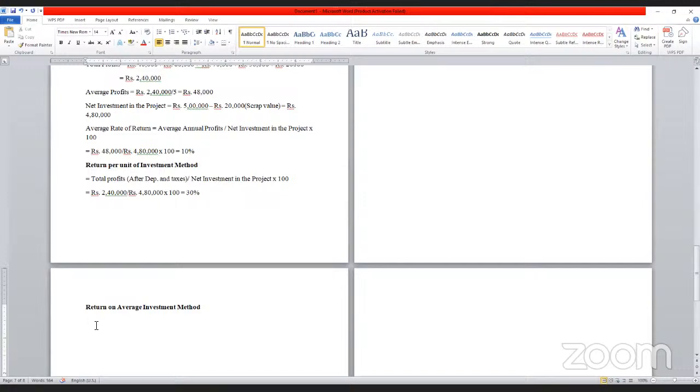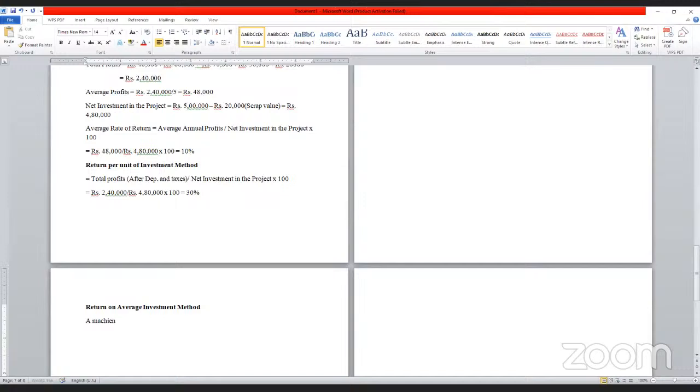For the purpose of return on investment it is preferred because the original investment is recovered over the life of the asset on account of depreciation charges. So for example, I'll give you one simple problem.